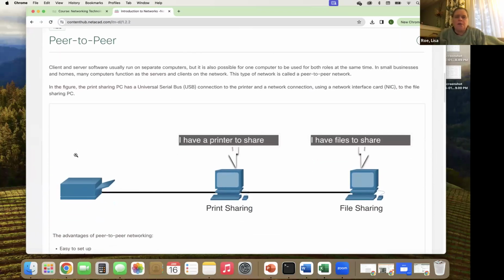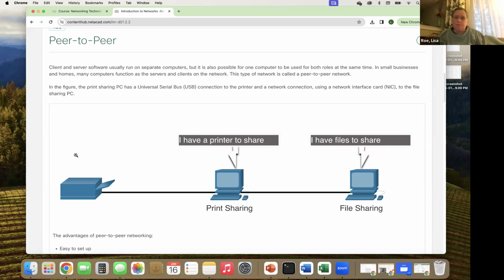So one type of network is called a peer-to-peer, and this is where all the hosts, all the end devices, have equal status. So if one host has resources it wants to share, in this case, it's a printer, they can share it with another device on the network. I'm not going to go too deep into this, but suffice it to say, every device has to be individually installed and configured with user accounts, security, and applications.